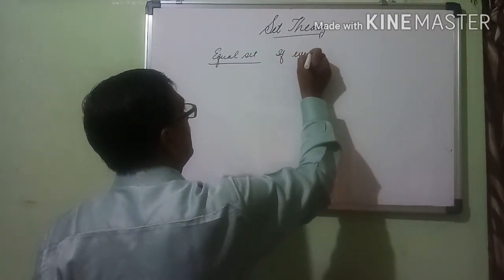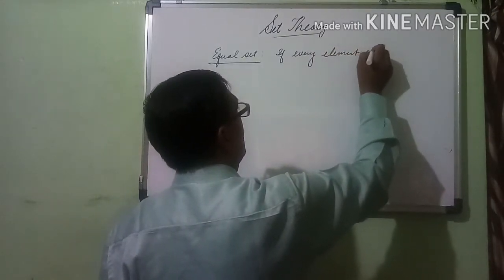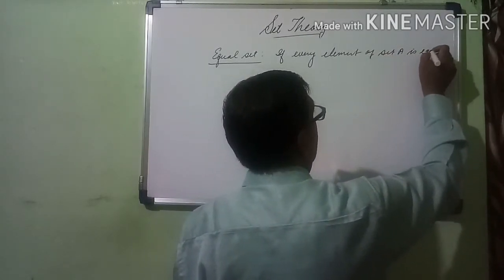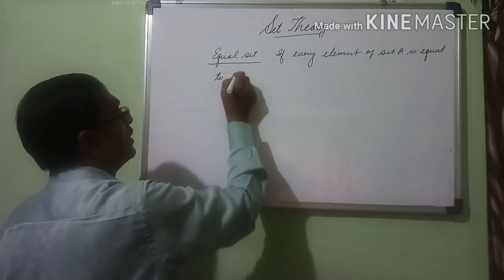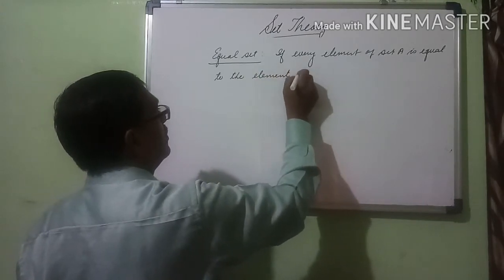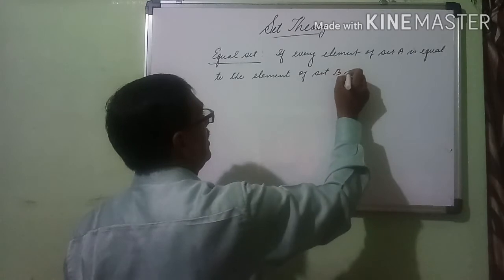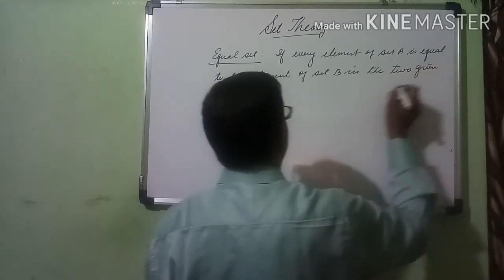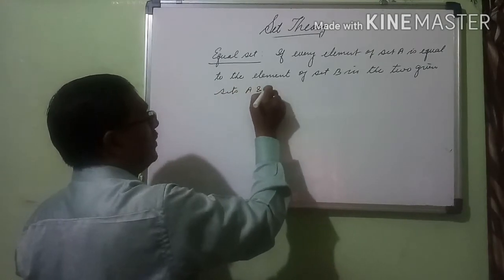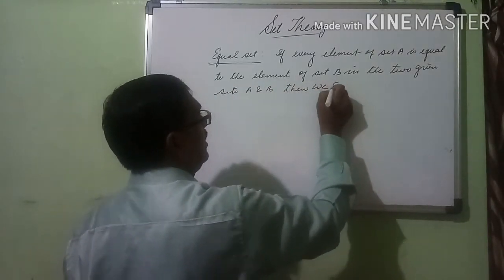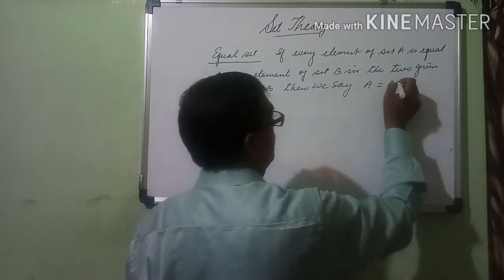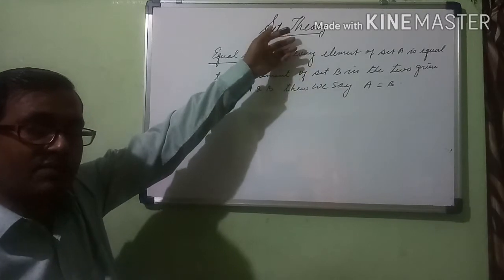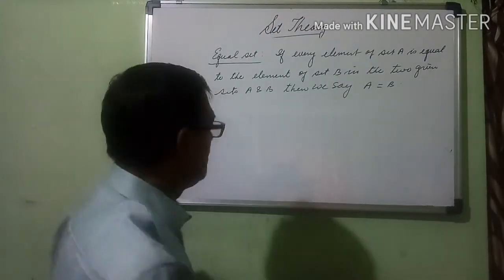If every element of set A is equal to the element of set B in the two given sets A and B, then we say A is equal to B. Not only are the cardinal numbers the same, but whatever elements A has, the same elements B also has. Let us take one example.